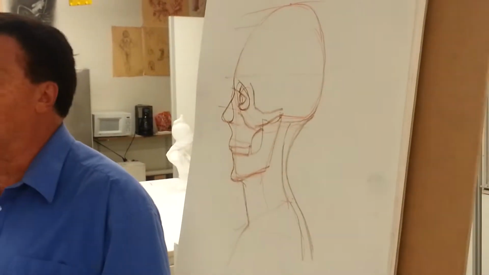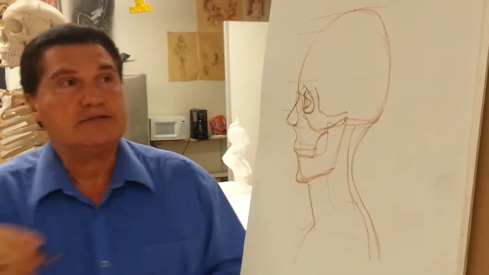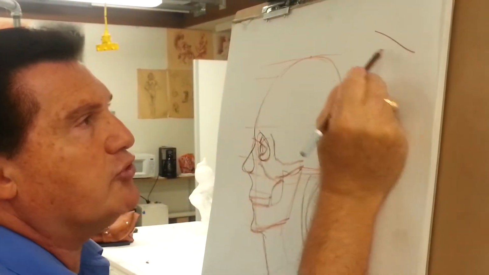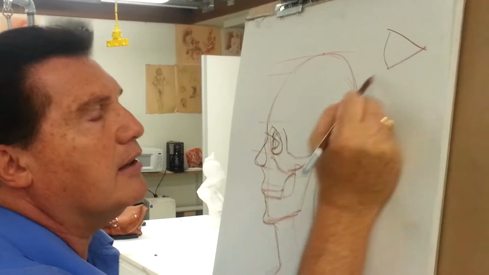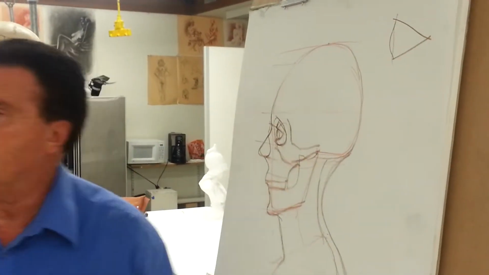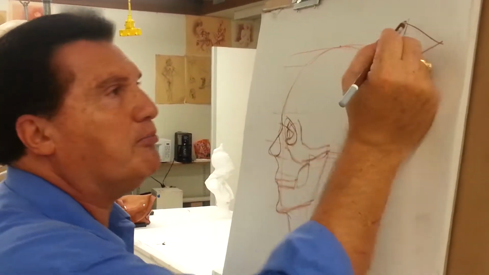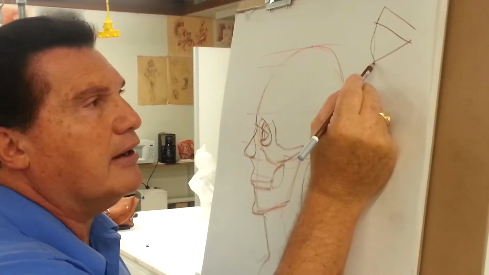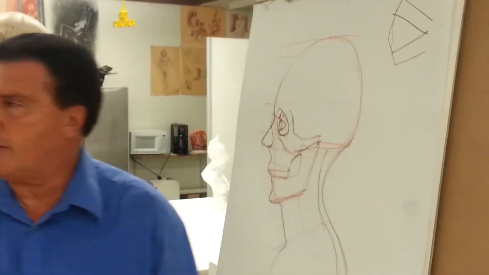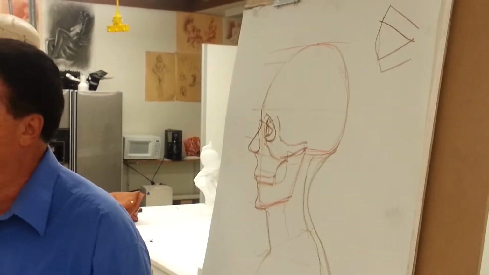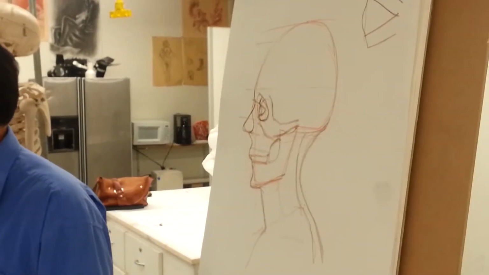In other words, the top portion of the eye isn't drawn like this. In other words, don't draw an eye like this. Nice and even. Okay, that's not an eye. And then, don't put the lid here, and then the lid here. That doesn't work. But I'll show you how that will be drawn later.